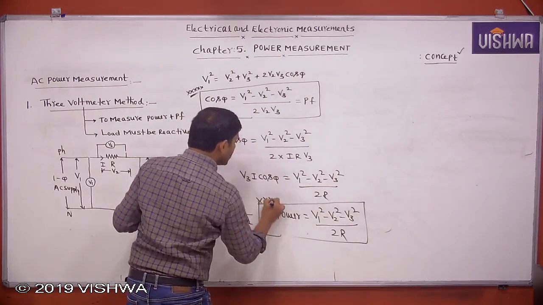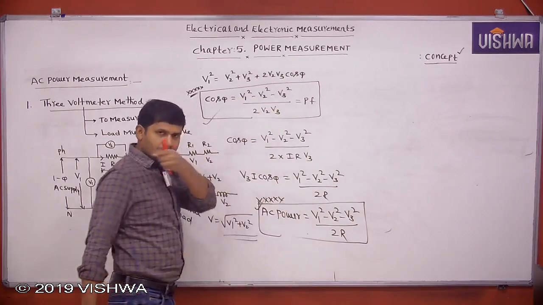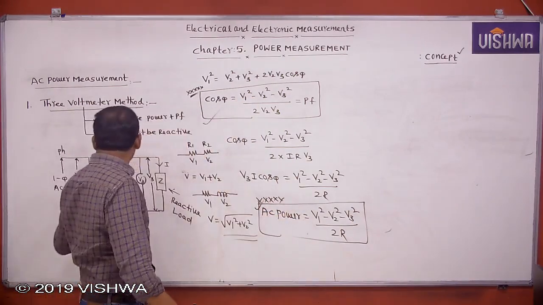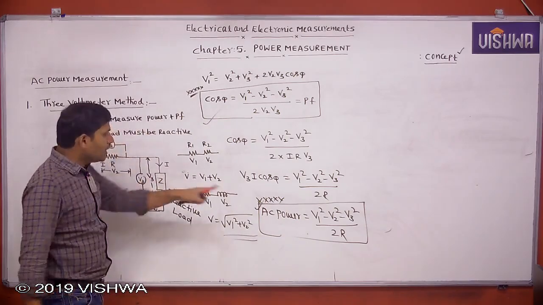These two formulas you concentrate on, for the measurement of power factor and power. But notation is important. I have taken V1 as input, next V2, then V3. With this sequence only I have given this formula.